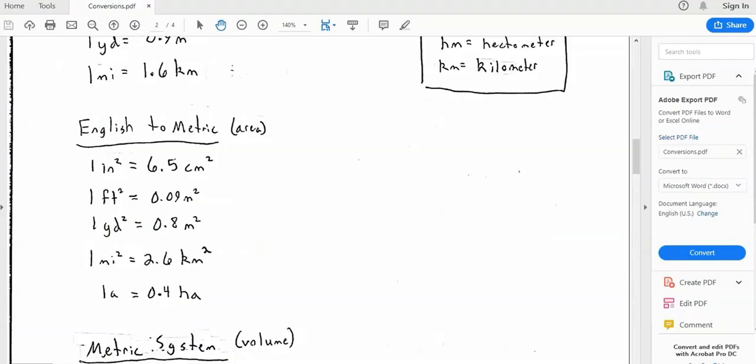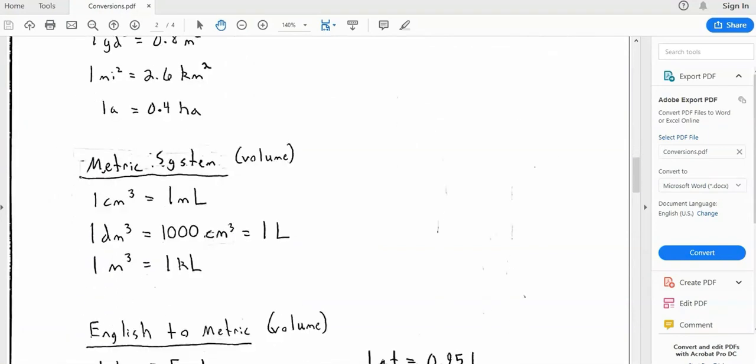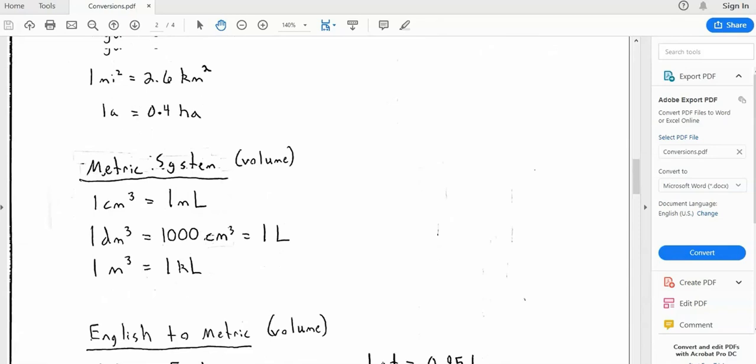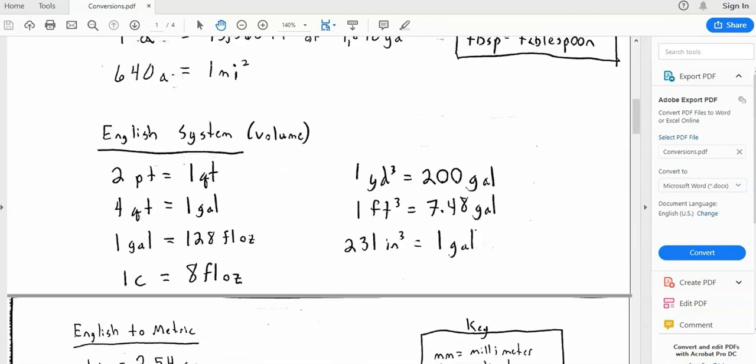Inches to gallons, that's all English to English. Let's see here. We probably need to scroll back up. Here we go, English. Inches cubed to gallons, and it's all about volume. Yeah, here it is. There are 231 inches cubed to 1 gallon. So that's what we want to use there.